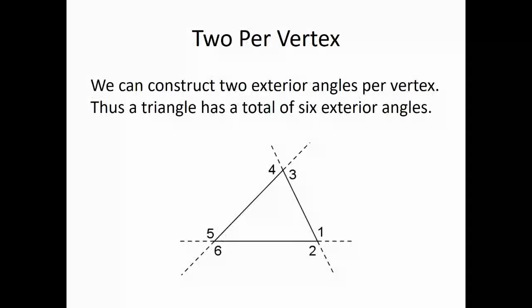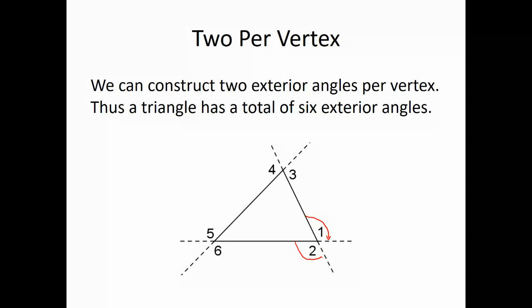Now, of course, at each vertex, we can extend each of the two sides that meet at that vertex. And so that means that at each vertex, we can create two exterior angles. So for instance, bottom right, we extended each of the sides that come together at that vertex. We created an exterior angle 1. We created also there an exterior angle 2.